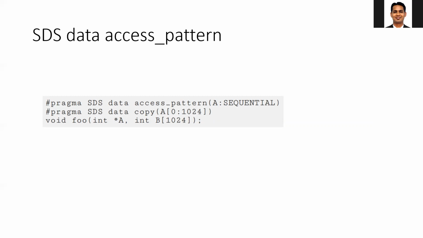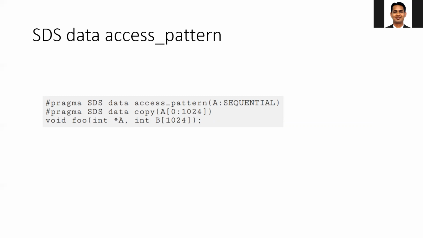For a vector, sequential makes sense, but for a scalar it's just one value, so random and sequential are the same. So when you use int star A in the function definition, you make sure to tell the tool that A is a vector and not a scalar, and that's why you use the copy pragma A into 1024. If you don't use the copy pragma, the tool doesn't know whether A is a scalar or a vector, and by default it will treat it as a scalar.